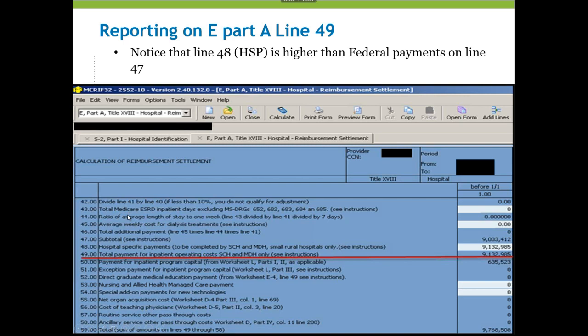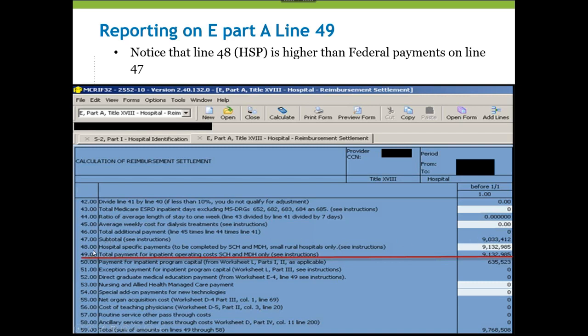I shouldn't say all of them, but all of the DRG-based federal payments, which would include DSH, the high-cost outlier payment, a variety of things, all the DRG-based payments. Notably, what it excludes is your organ acquisition, your GME, some other cost-based pass-through costs, DGME, so it excludes those. Those come after the fact. But line 47 is all the other federal payments.